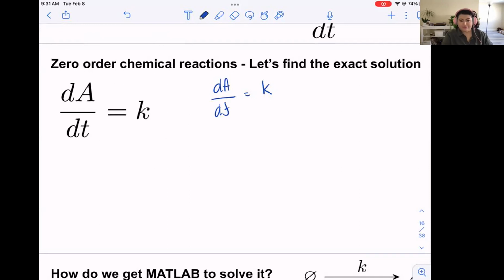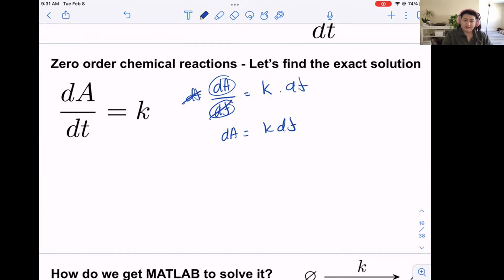If you have already taken differential equations, then you know that we can separate the differentials. These each make up a differential, so I'm just going to separate the two. So dA is equal to K dt, essentially multiplying dt to both sides so that it's no longer on one side.